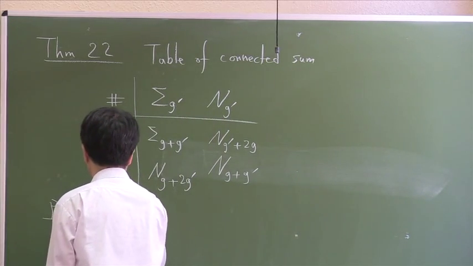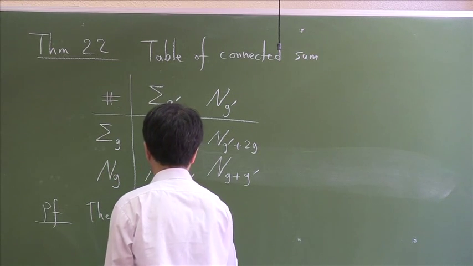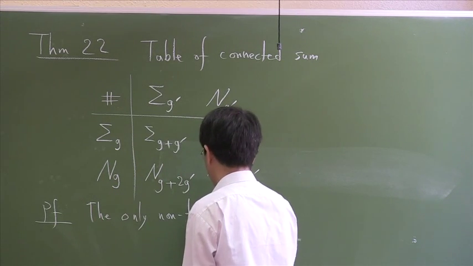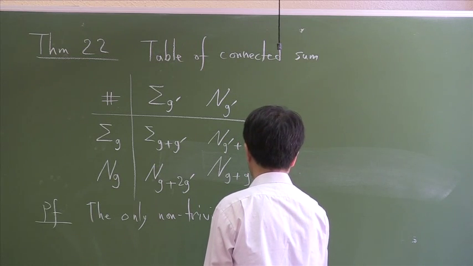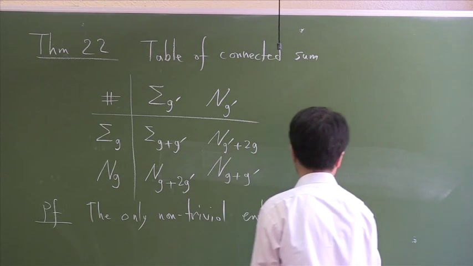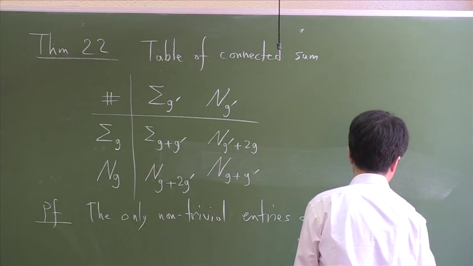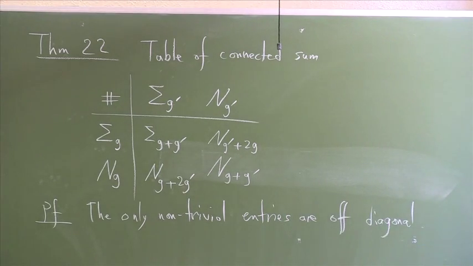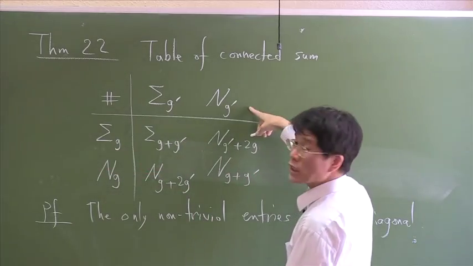The only non-trivial entries are off-diagonal, so we shall focus our effort on that. So let's try to see what happens if I add, for example, sigma g and nu g prime.